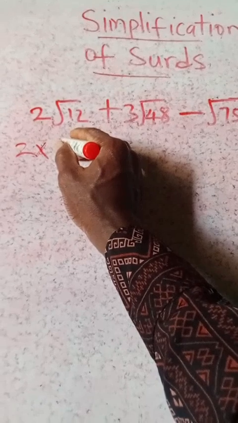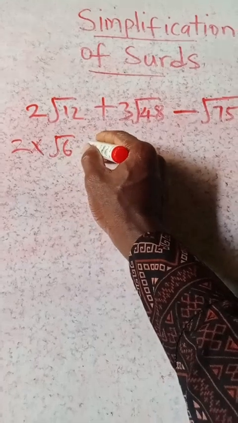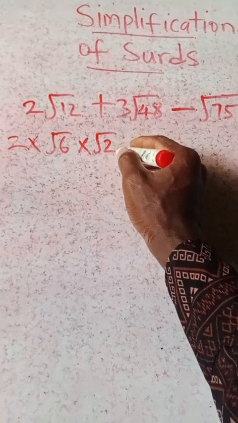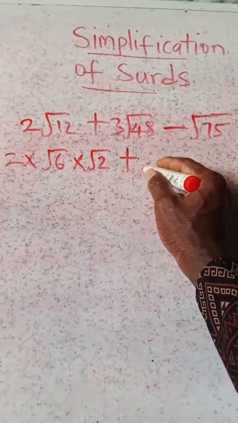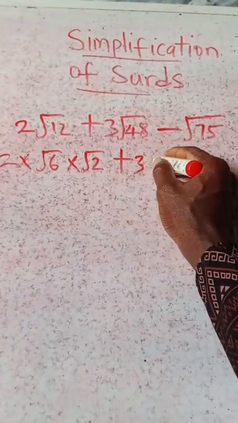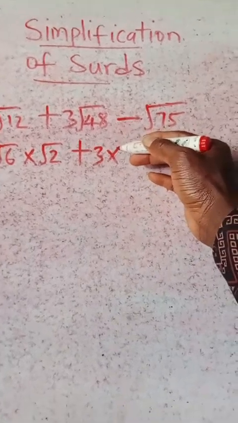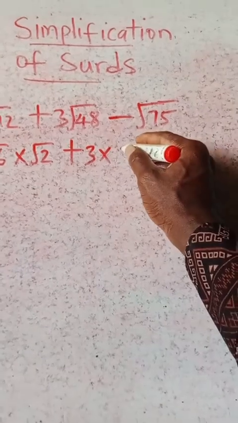So let's use root 6 times root 2. You see the same thing. Then plus 3 times, what are the numbers that can multiply to give you 48? Put them in the root.